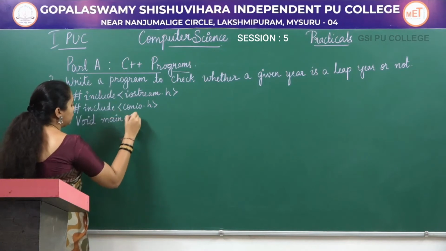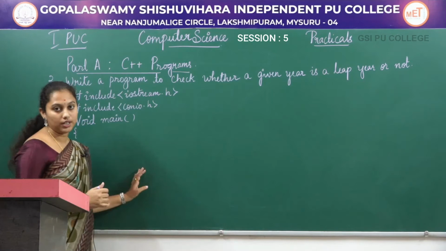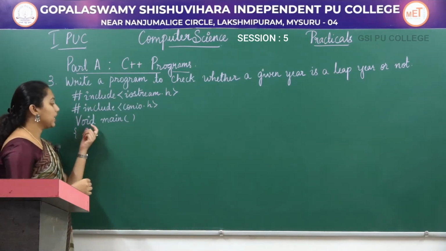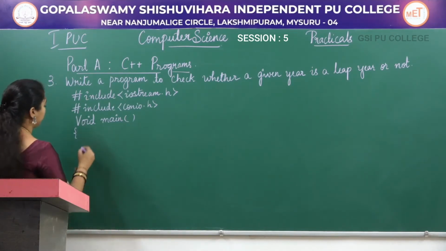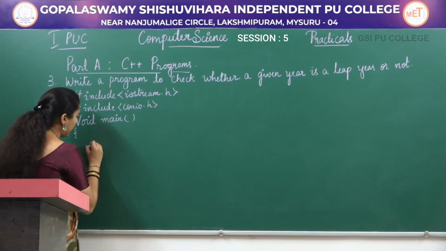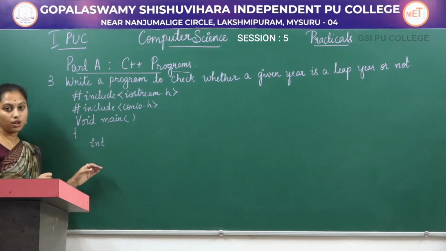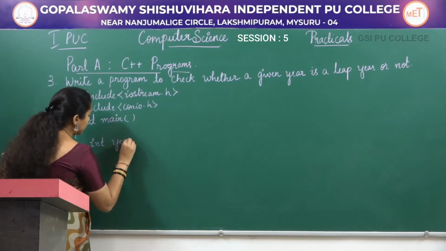In the main function we are going to write the logic. Here the return type is void, which means that it is not going to return any value. In this section I am going to declare the required variables for our program. The required variable is int year.